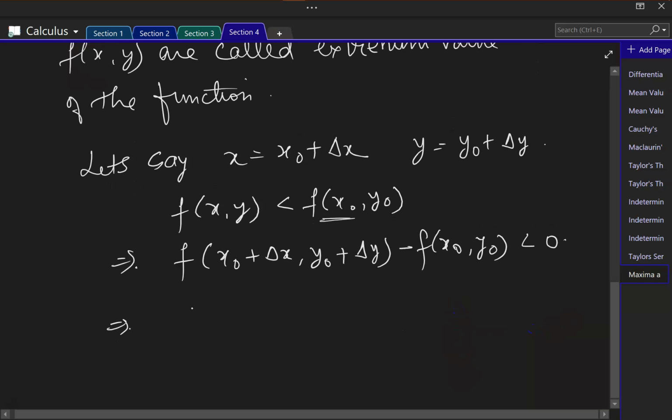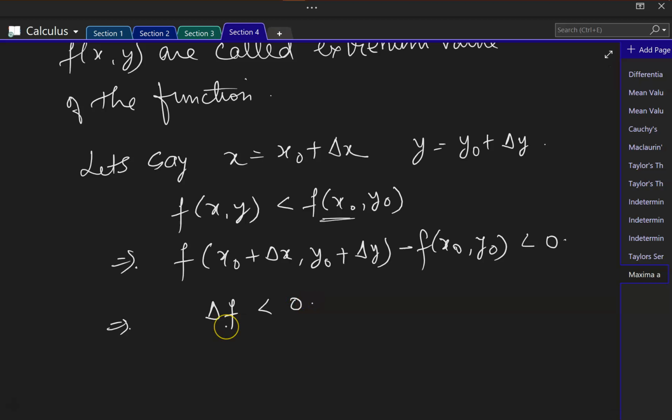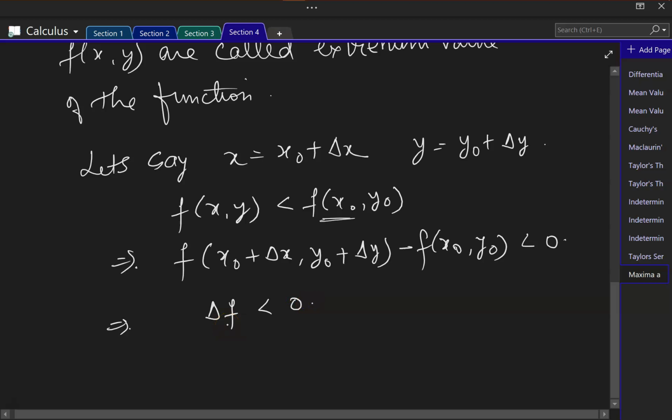In short, we can write, now this is the value at a point nearby to x naught y naught, and this is the value at x naught y naught. So we can say delta f would be less than 0. So delta f is nothing but the change in value for delta x, delta y.